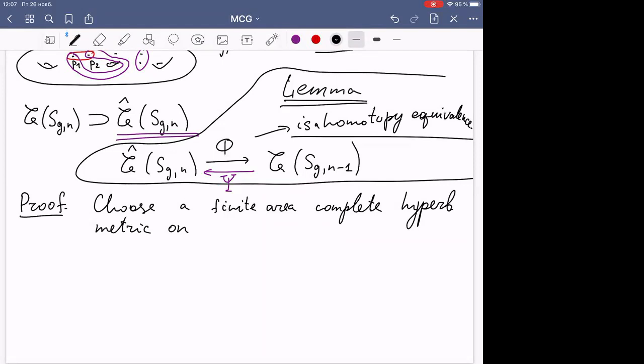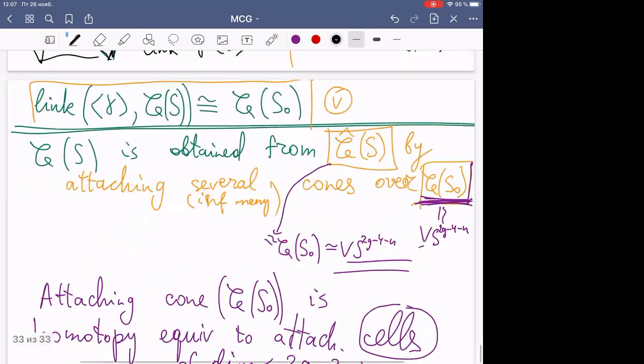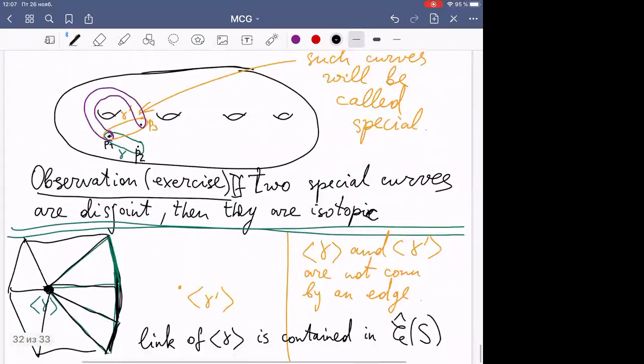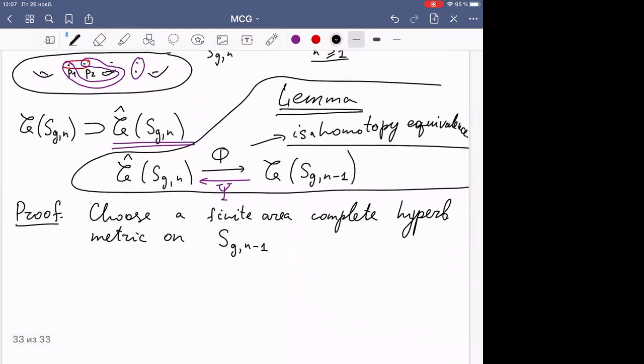on this surface with n-1 punctures. We all know that it is possible. Actually, I just would like to say that there are several cases when this is not possible.